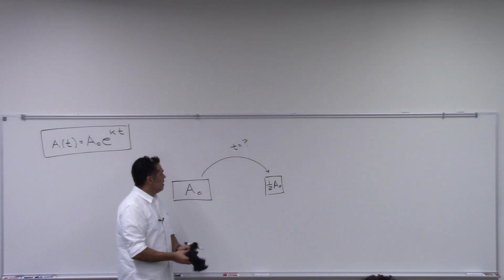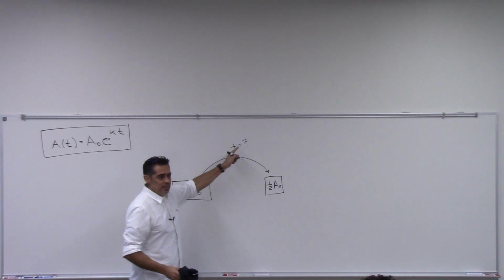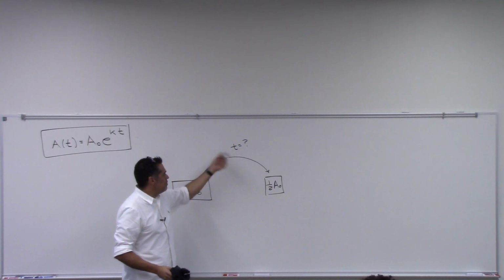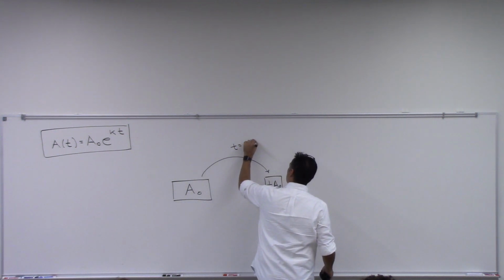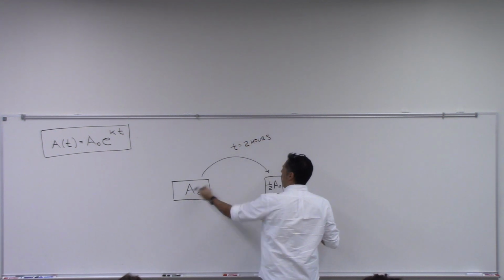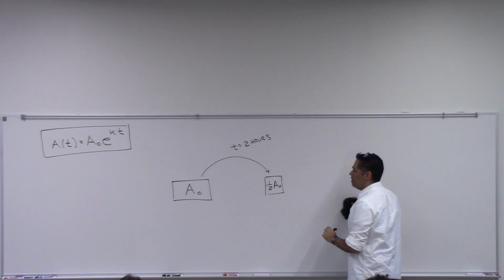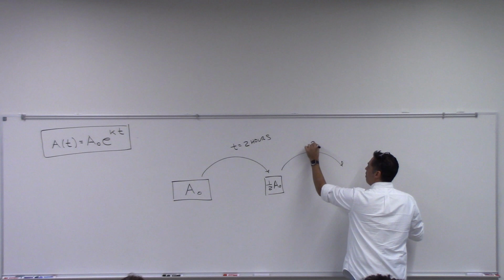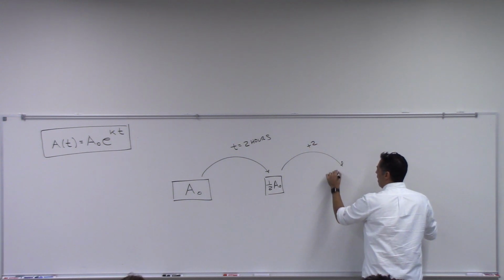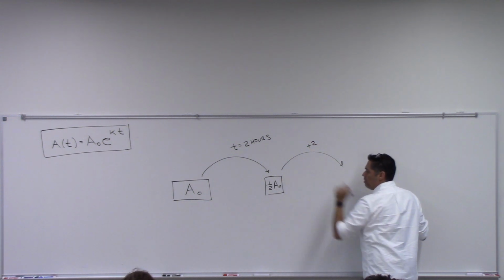Let's say, just for the sake of demonstration, that this was 2 hours. It took 2 hours for it to decay halfway. Then 2 hours later, half of that will decay.